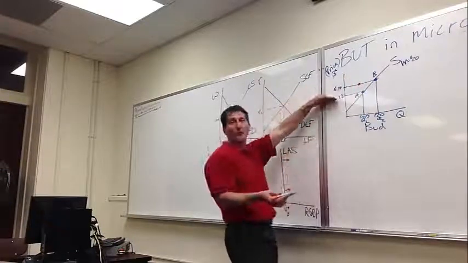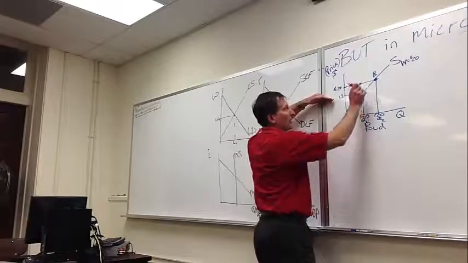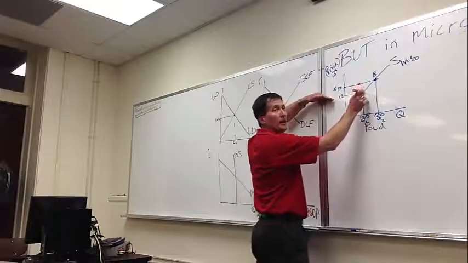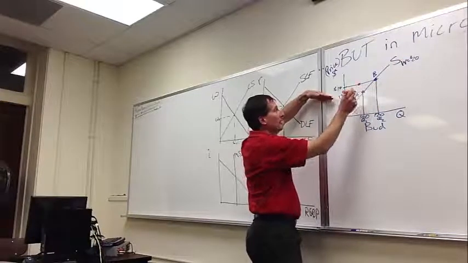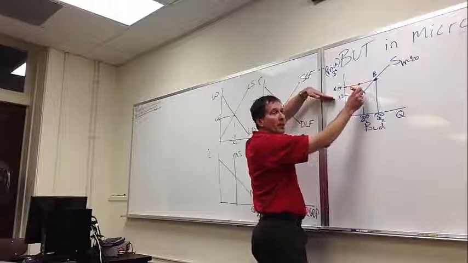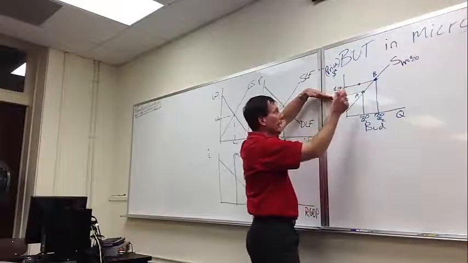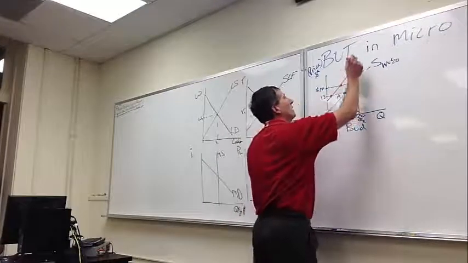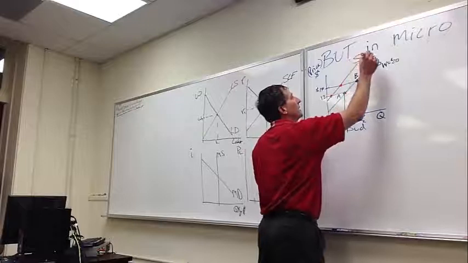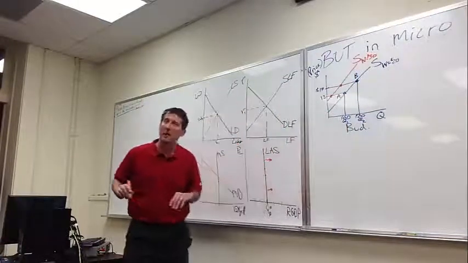Hypothetically speaking, at $12 for Budweiser, they used to supply 100 cases of Bud when wages were 20. Now that wages have gone up to 30, are they going to supply more or less? Less, right? And so this whole thing shifts to the left when wages are allowed to float up.